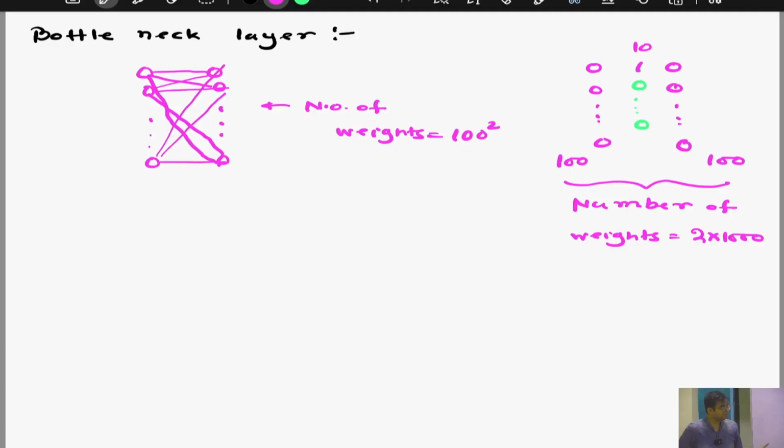So what happened here? Because I added one additional layer which had fewer neurons, I created a bottleneck, right? An information bottleneck there. And because of that, the number of parameters reduces. As the number of parameters reduces, expressibility reduces. Chances of overfitting reduce. So the bottleneck layer helps us in potentially reducing the chances of overfitting.